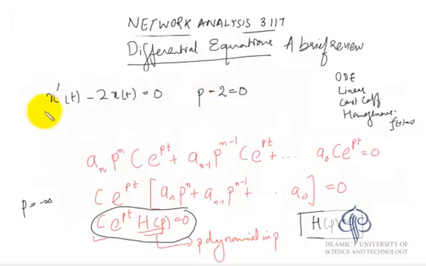So this is the first derivative, so p to the power 1. This is the 0th derivative, there is no derivative term here, so p to the power 0, which is 1. So p minus 2 is 0, that means p is equal to 2. That means the solution to this is x(t) equal to c e to the power 2t, and you can verify this by putting it in here.